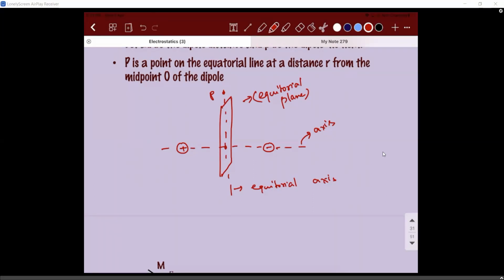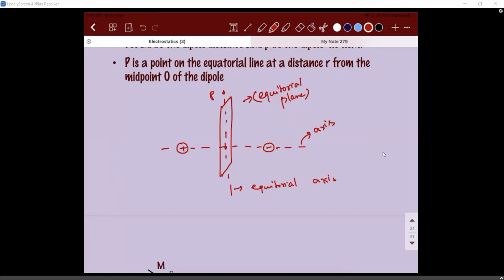There is only one equatorial axis, which should always be perpendicular to the axis of the dipole. Here we are taking it along the y-axis. The equatorial plane is a two-dimensional plane which is perpendicular to the axis of the dipole and passing through the center of the dipole.